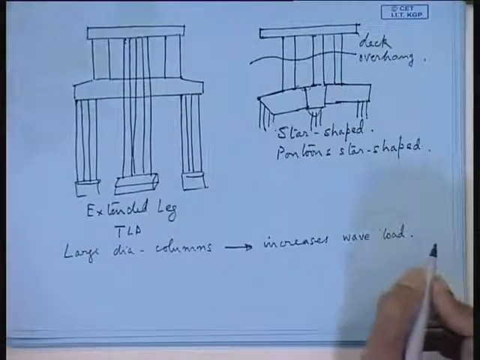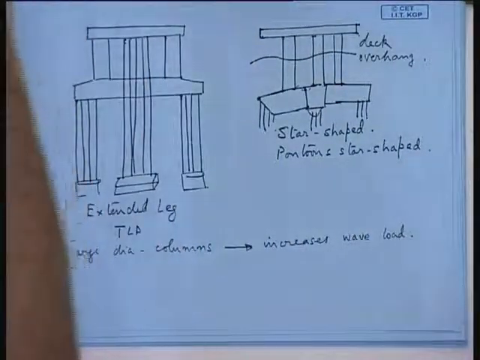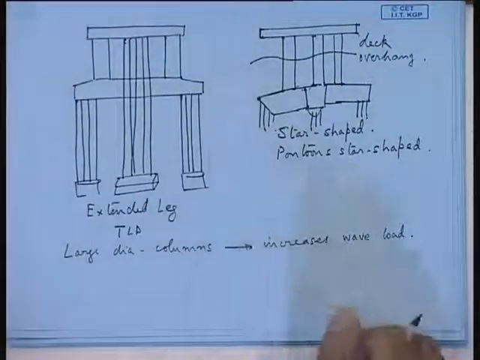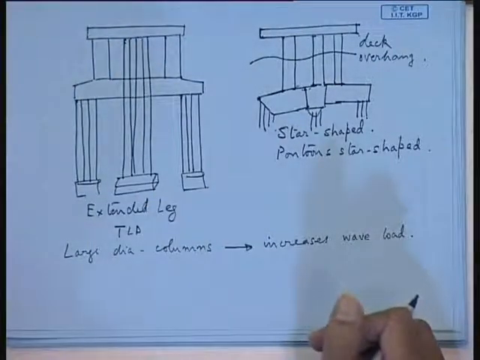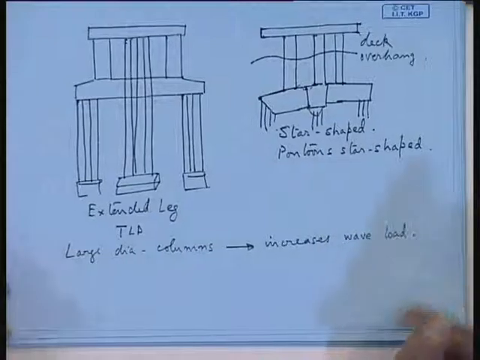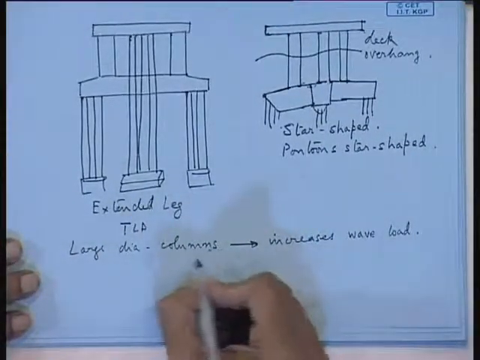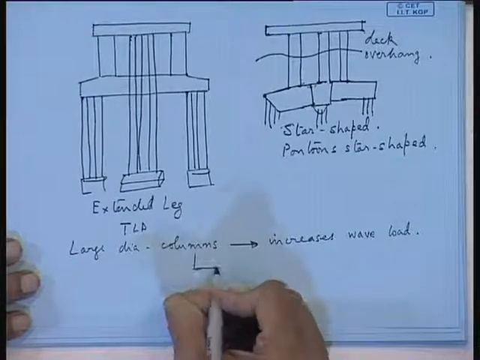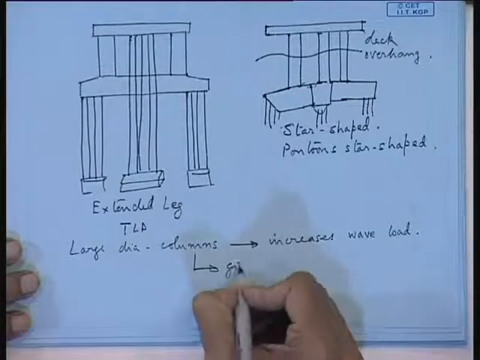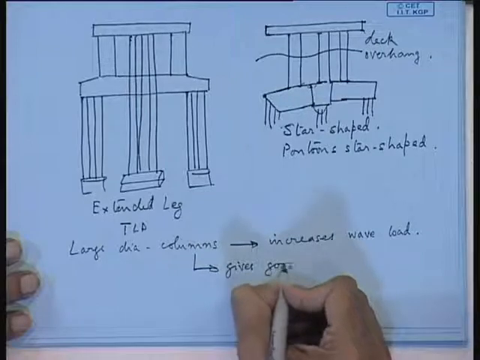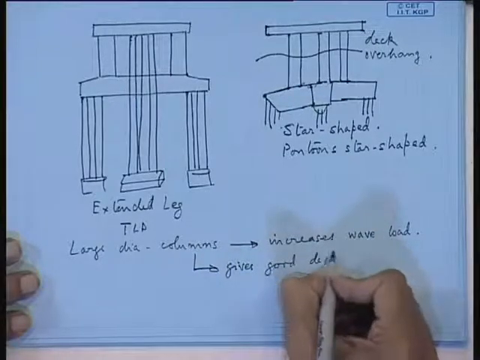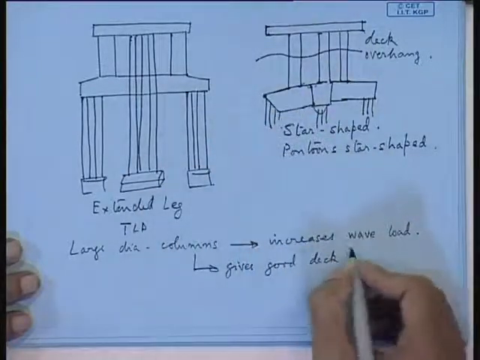That is, your diffraction load is going to increase. I suppose you have studied wave refraction, diffraction and all these problems. But large diameter columns give good deck support. Now, you have to optimize between these two.